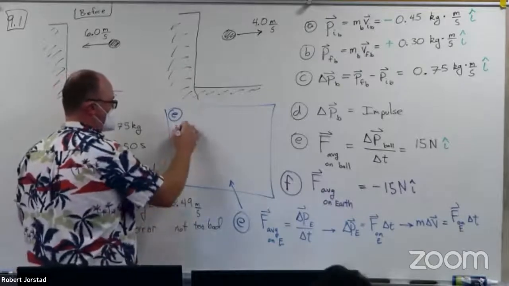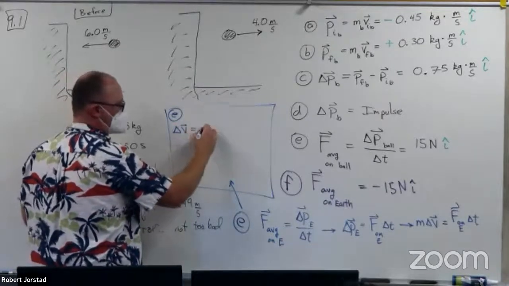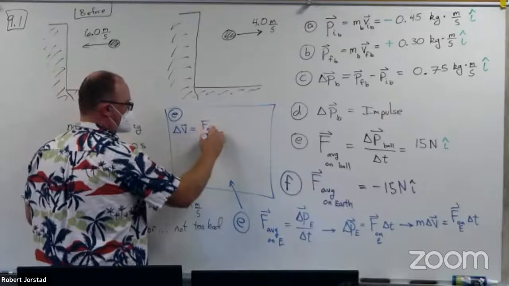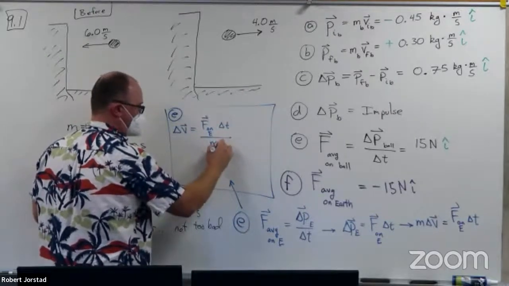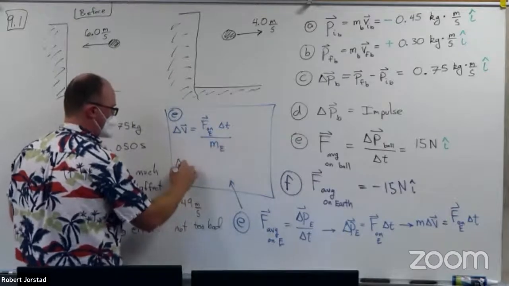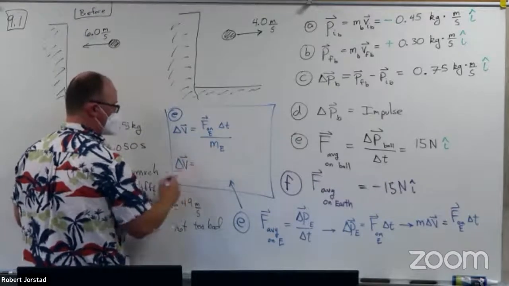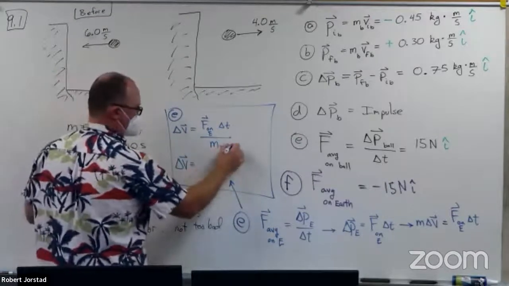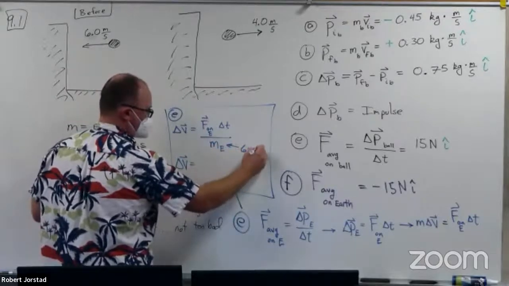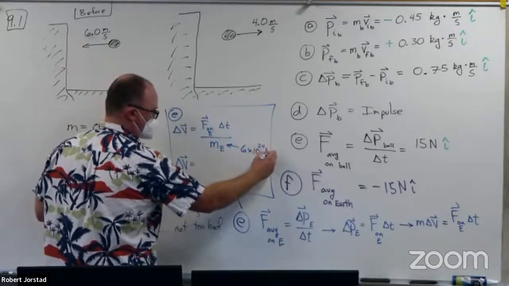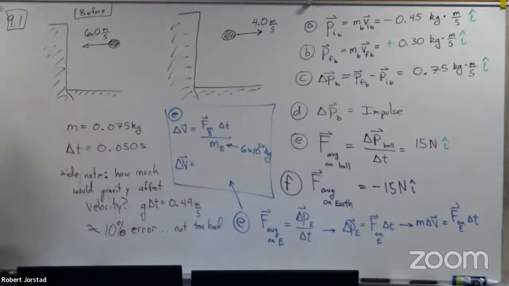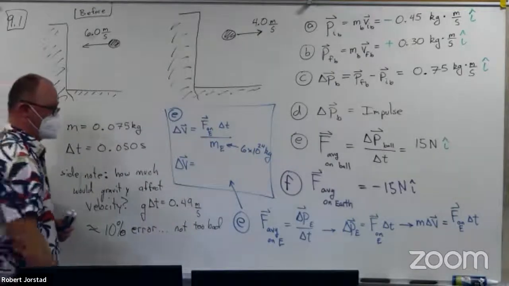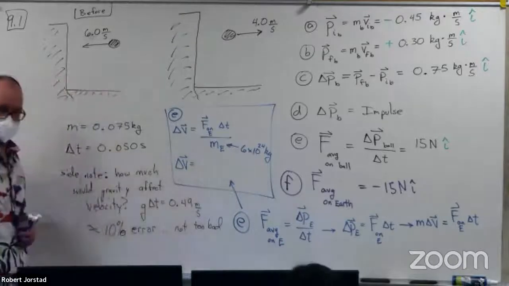The change in velocity of the earth is the force on the earth times delta T divided by the mass of the earth. Well, the mass of the earth is about 6 times 10 to the 24th kilograms. If you're wondering how we get that, wait for chapter 13. We'll explain how you get the mass of the earth later. It's not obvious.